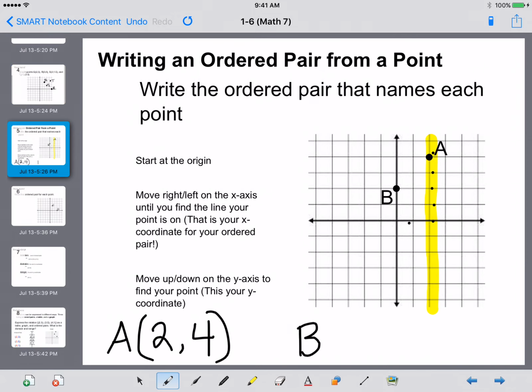Now to get B, move left or right? Well, I'm not going to move at all because it's already there. So that one's at 0. And then move up or down. We're going to go up 1, 2. So the coordinate pair for point B would be 0, 2.